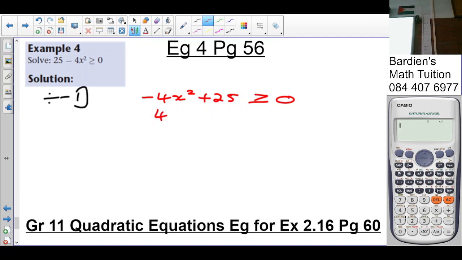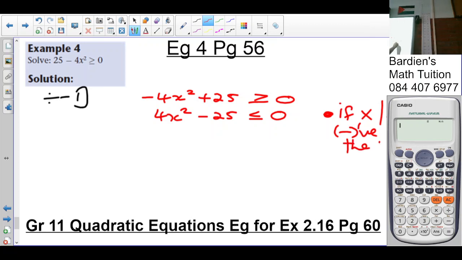So it's going to become 4x squared minus 25, and change the sign, less than or equal to 0. If you did not change the sign, make a note here. If multiplying or dividing by a negative, then swap the inequality.